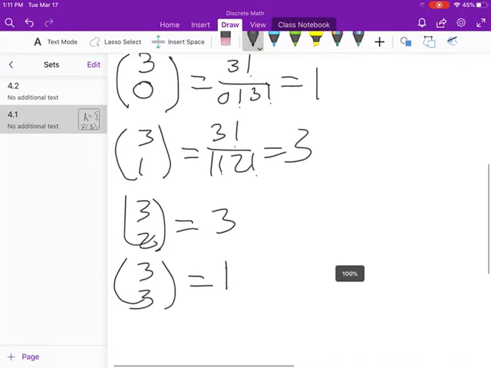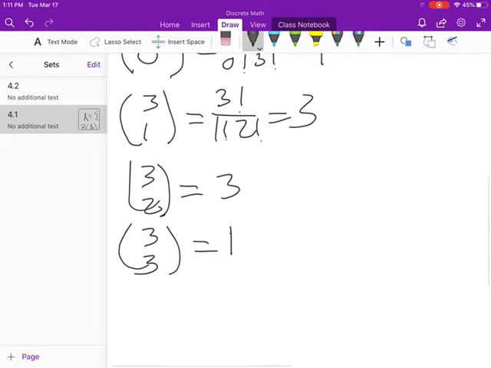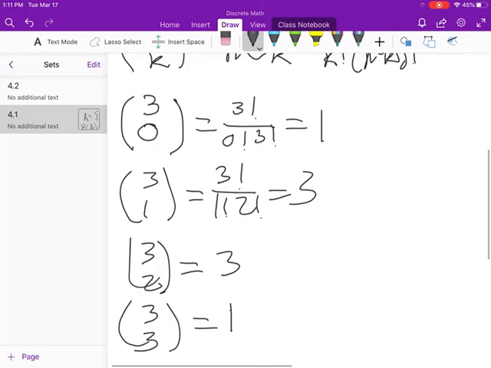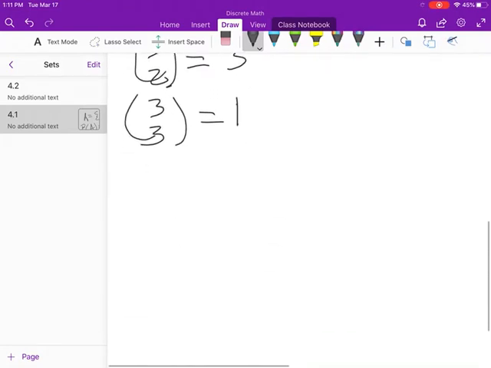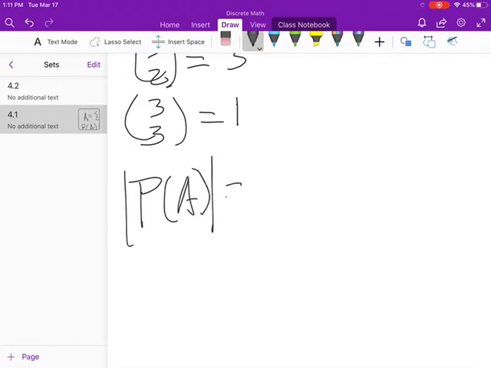So if I want to count up the number of elements in the power set, the cardinality of the power set, I could just add up all of these numbers. In this case, the power set of A is going to be 8.